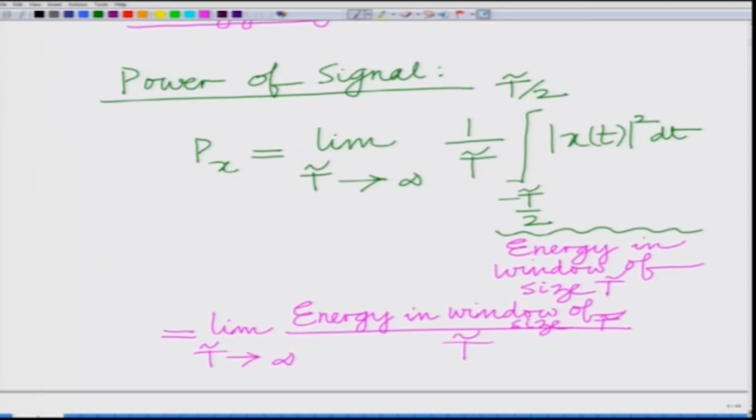That is, you take the energy in a window of size t tilde, normalize it by dividing by t tilde, and take the limit of this quantity as t tilde tends to infinity. That is the definition of the power of any signal.